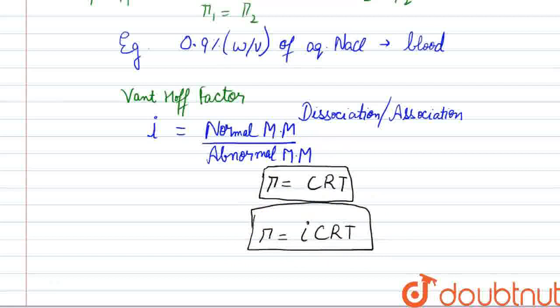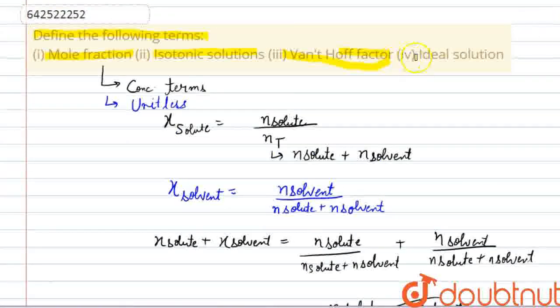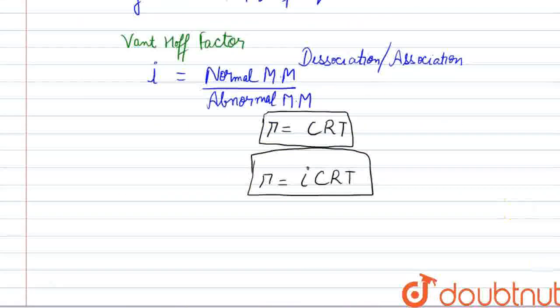Now we have our fourth term, ideal solution. How can we define the ideal solution? We have Raoult's law, which describes the properties of a solution.